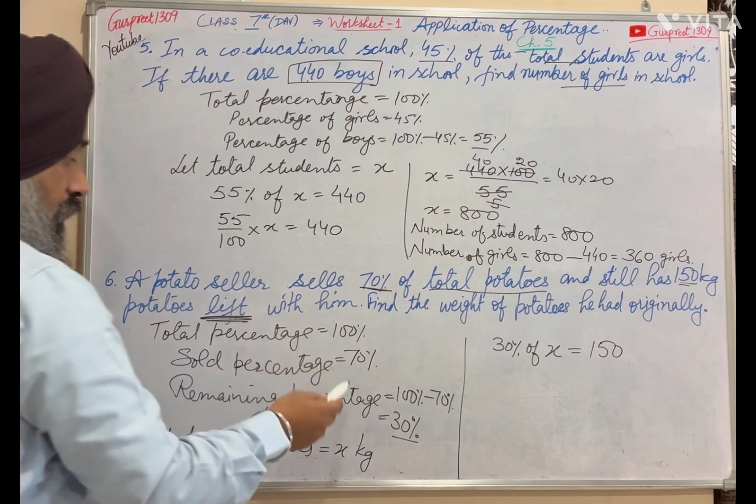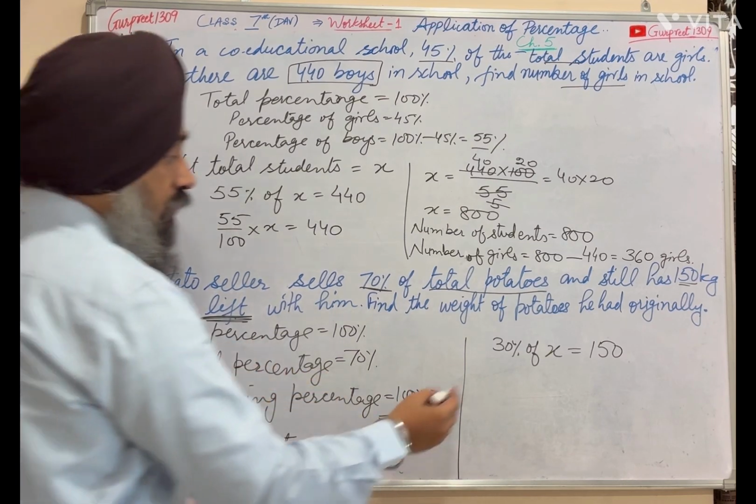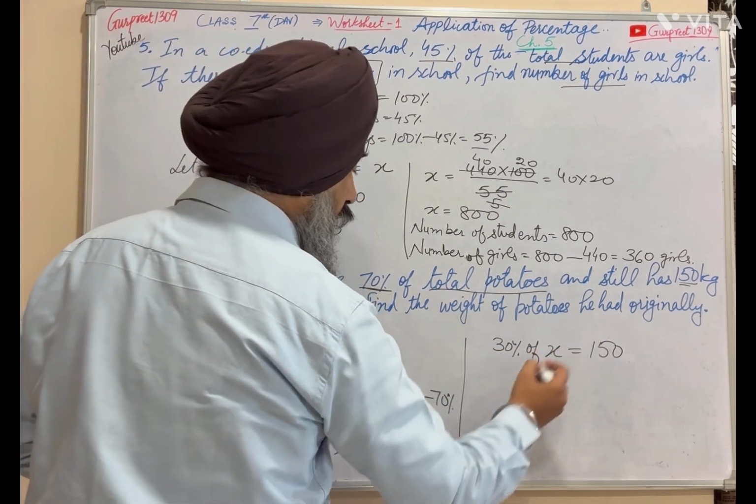So left means the remaining potatoes are 30%. 30% of the total is 150.